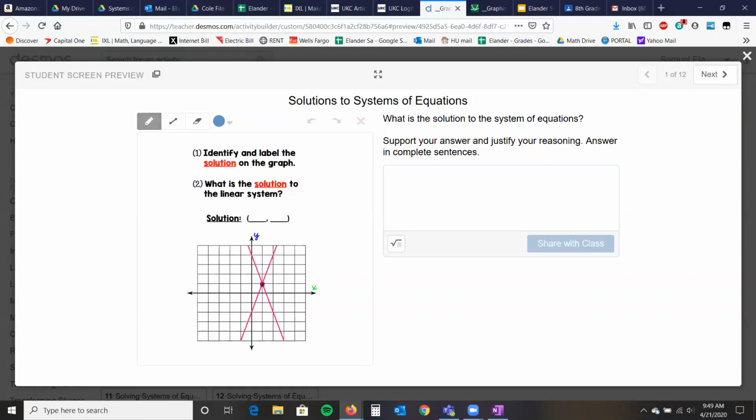So then it looks like I could circle it, right? Or I could draw an arrow. Okay, and then it says, what is the solution to the linear system? So I would say, well, where is that? That's at 1 comma 1. So then I could say 1 comma 1 is my solution.